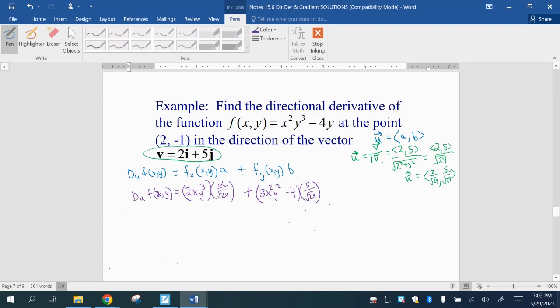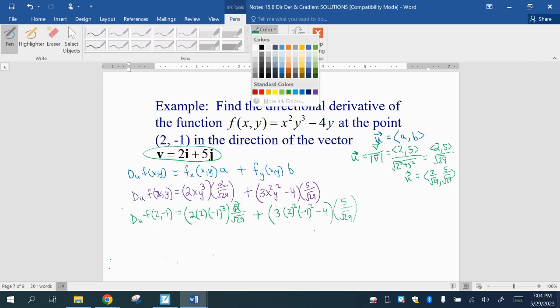Now we'll plug in our particular numbers. The directional derivative at the point (2, -1) is 2 times negative 1 cubed times 2 over the square root of 29, plus 3 times 2 squared times negative 1 squared minus 4, times 5 over the square root of 29. Let's keep going.